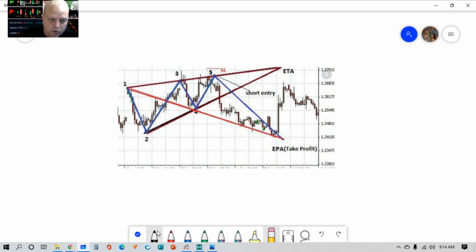If this forms, this is called the wolf. If this forms and this inside of it is here, see the pattern forming? If you follow these all the way out, it's the ETA, estimated time of arrival.